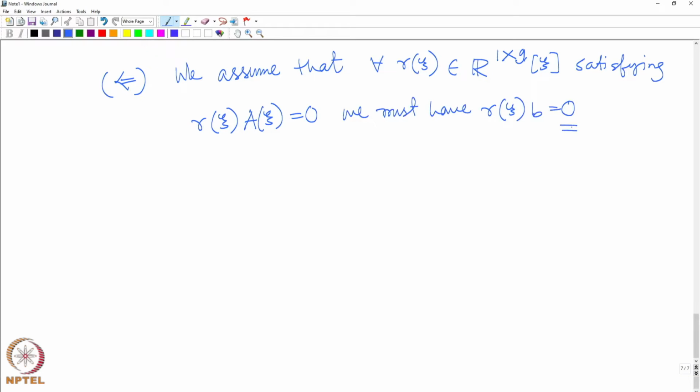So we have this property satisfied. We want to show that there exists a solution x. How do we show this?